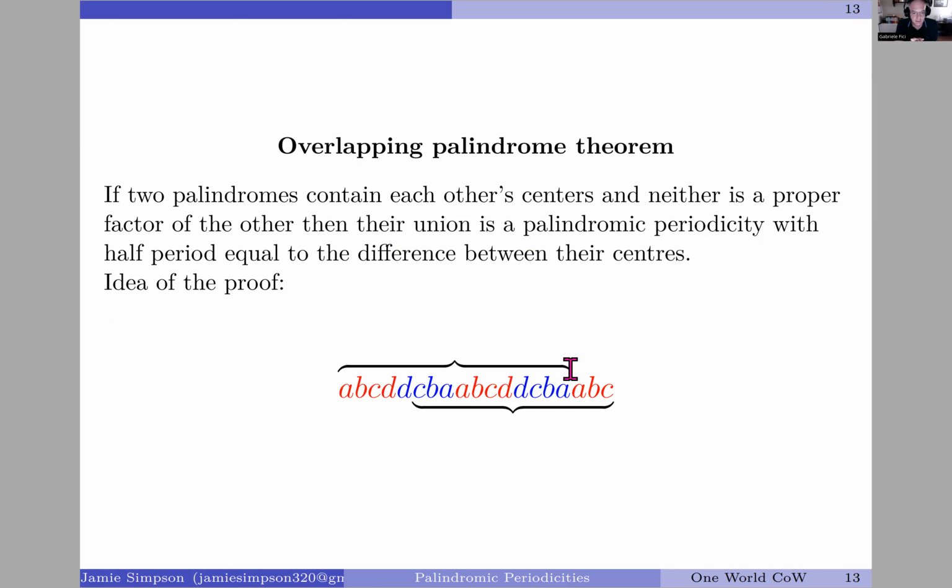Here it seems that what you get is that instead of having a periodic word, you have a word in which the period alternates with its reversal. That's true, yes. Is it a characterization of palindromic periodicities? Yes, it would always be true, except when it's an odd length palindrome, you get a sort of isolated letter in the middle. Okay, I see. The same thing on each side of the middle. Okay, thanks.